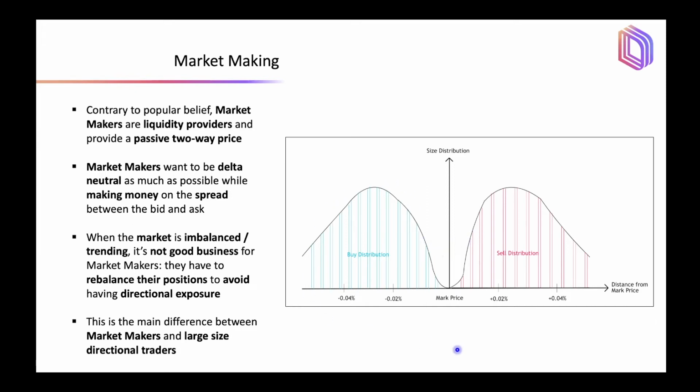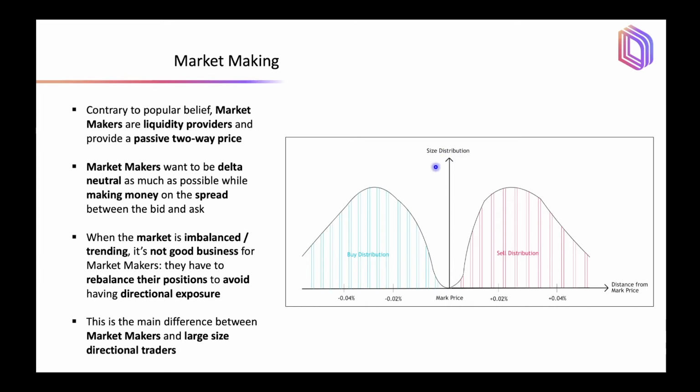So here we have a classic setup for market making with the mark price, so the current trading price. And what market makers do is that they will distribute buy limit orders and sell limit orders at small intervals with a distance to the mark price, so below and above.